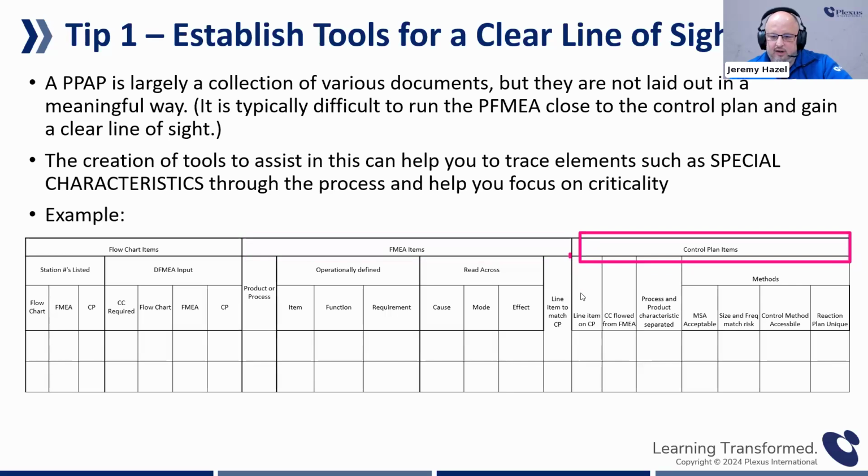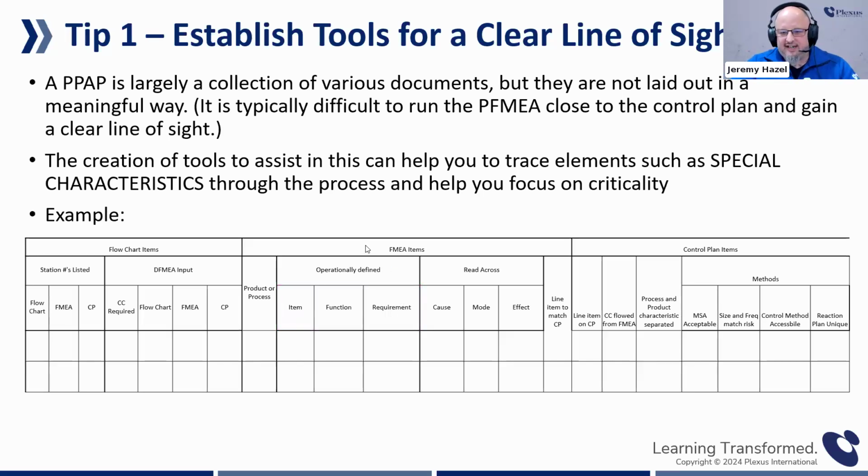As an example, the line item from the control plan matches the one that the FMEA said was going to be there. Some of the stations listed from the flowchart relate back to the DFMEA input. In the FMEA, it's going to be operational definition. So the creation of a tool like this can help you trace the core elements.